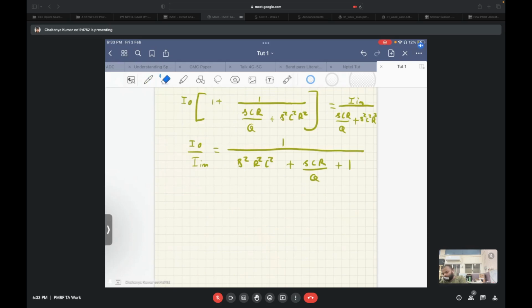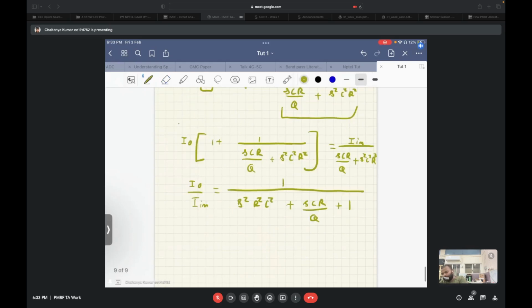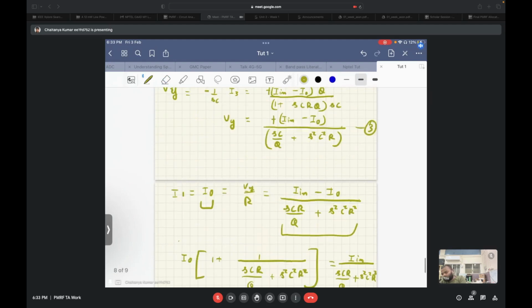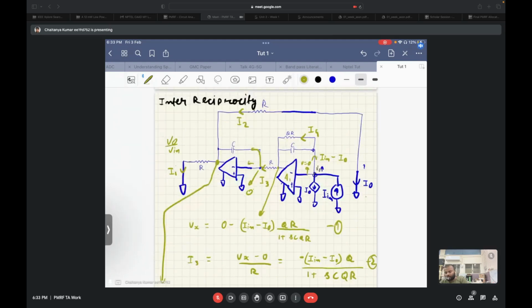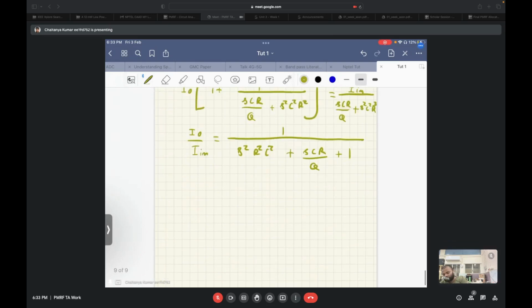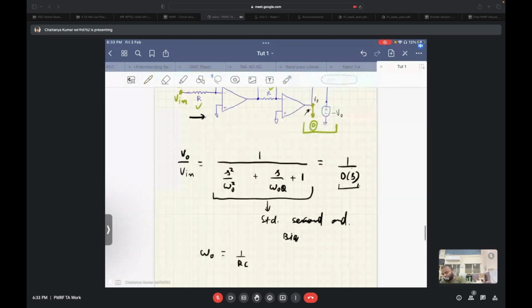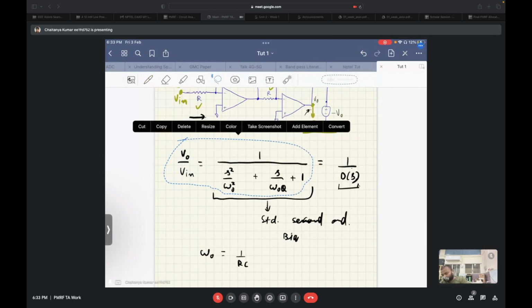As we mentioned in the starting, if we compare, this I0 by I in is nothing but equal to V0 by V in, where V in was the voltage at this node and V0 was the voltage at the output node. Initially we wrote the transfer function, so let's bring that transfer function to compare it with the derived transfer function.